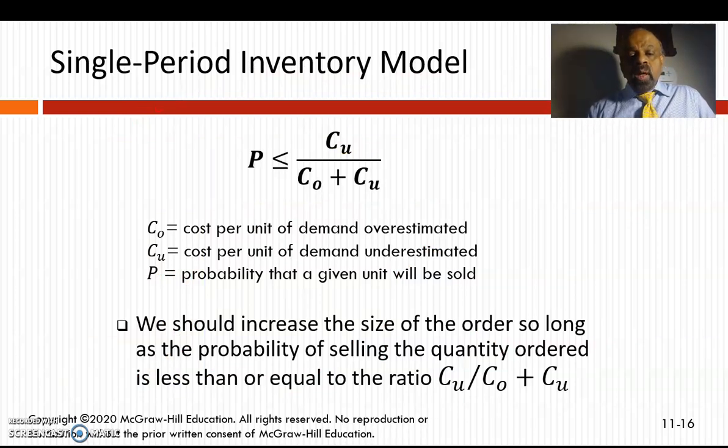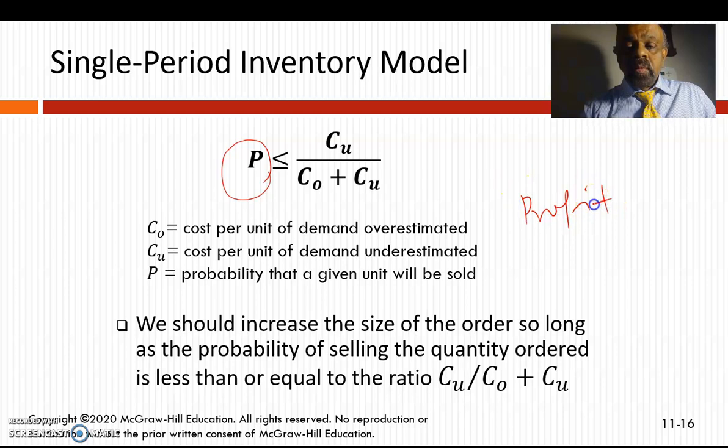So let's also look at another equation. What is the probability that a given newspaper will be sold? For that you need to consider the cost, because you're looking at profit. The cost per unit of demand overestimated is CO, and the cost per unit of demand underestimated is CU.